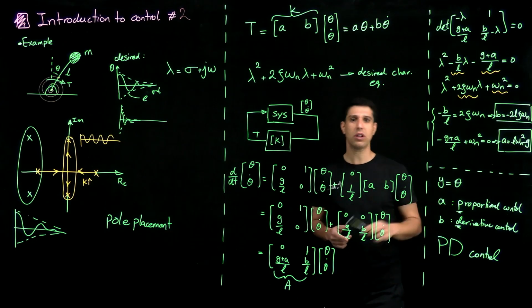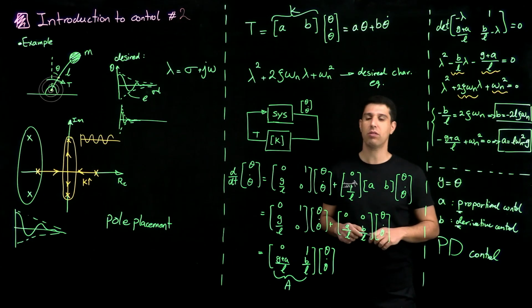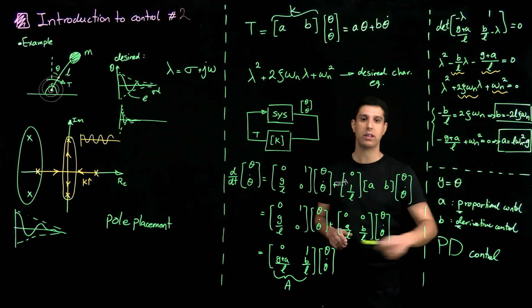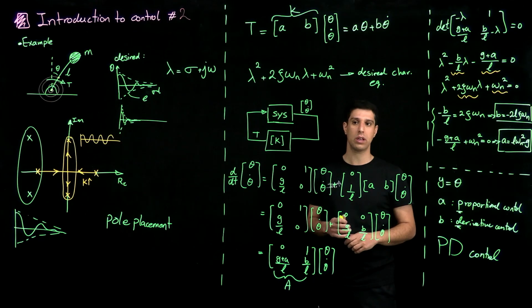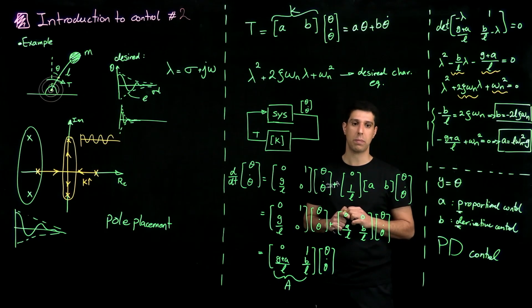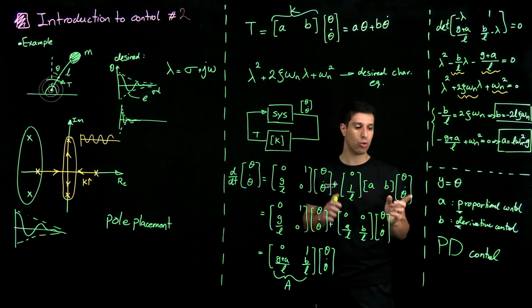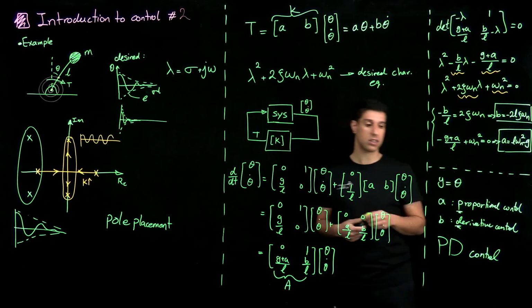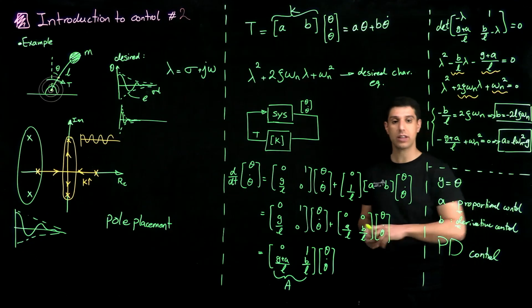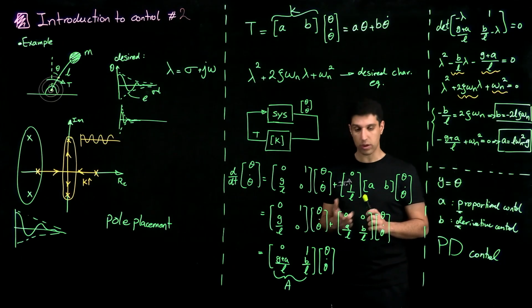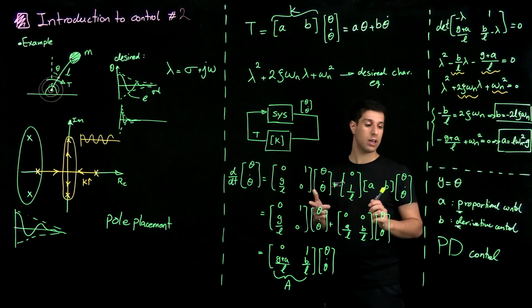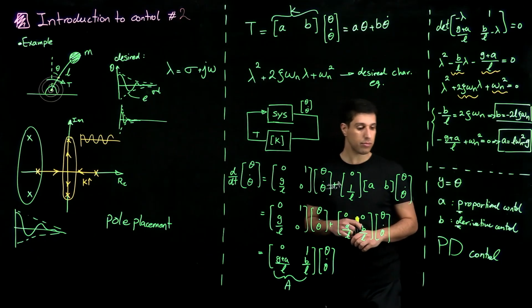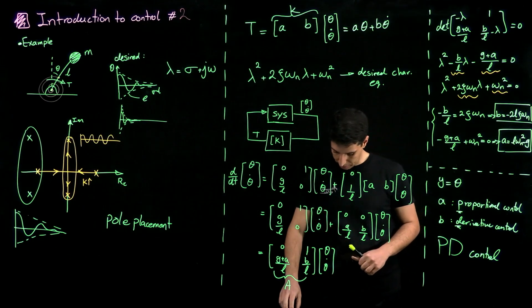And electronics and hydraulics and pneumatic, all of these systems have their own implementation of PD controller using either resistors and capacitors and things like that, or valves and something else in hydraulic and pneumatic systems. So this is a very easy controller to implement, and it is very powerful in the things it can do.